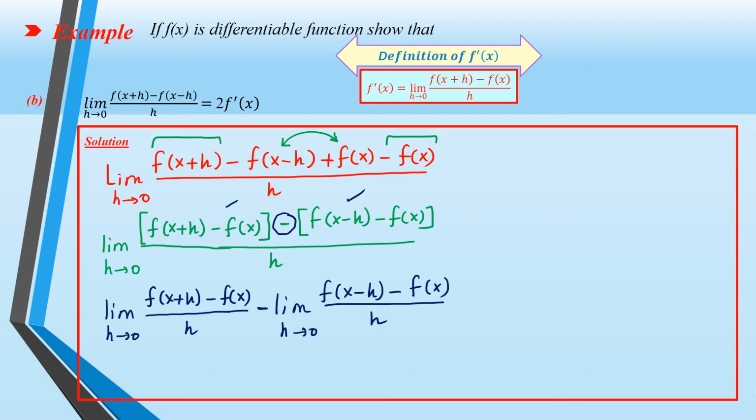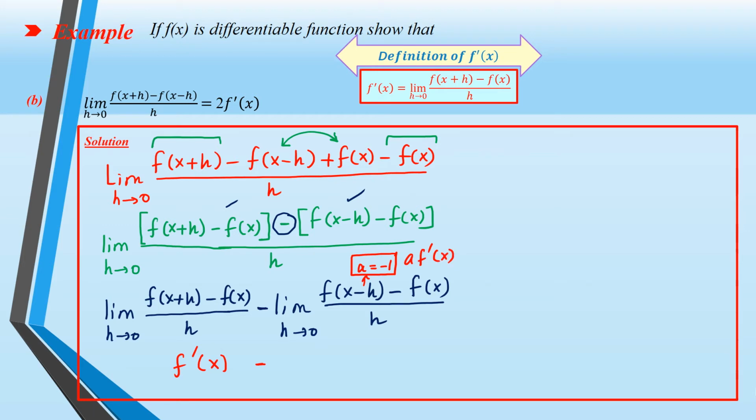Now you have to use the result in part A, and you can see that we have minus h here, so a equals negative 1. So the first limit is exactly f prime of x minus the second one. It will be a multiplied by f prime of x.